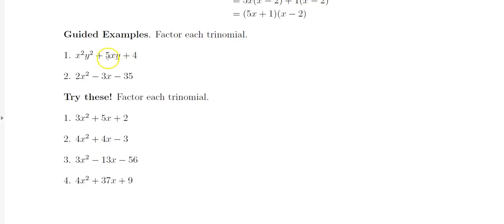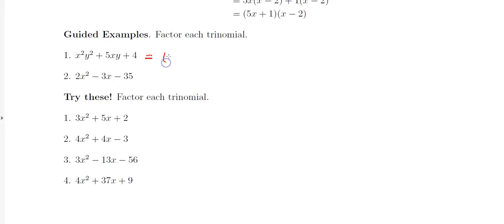So here in our guided examples, in the first example, I have x squared y squared plus 5xy plus 4. And I see that if I think of 4 as 4 times 1, 1 plus 4 is 5.